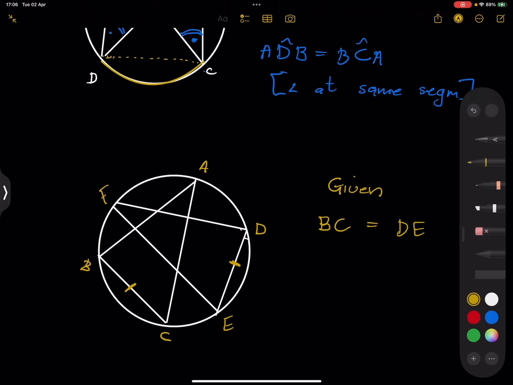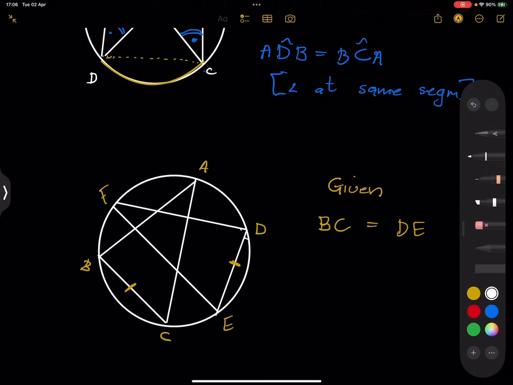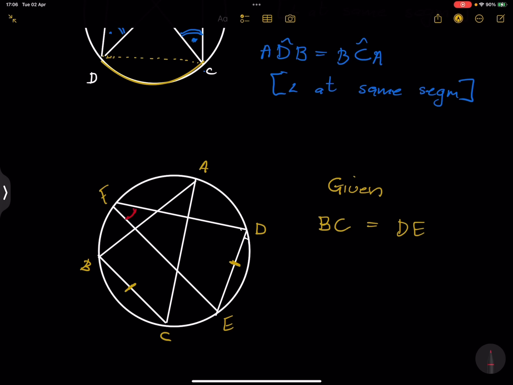So therefore, the angle that is subtended by those chords would be equal. So angle A would be equal to angle F, or you can say BAC is equal to angle DFE.